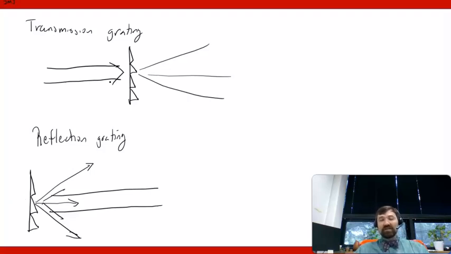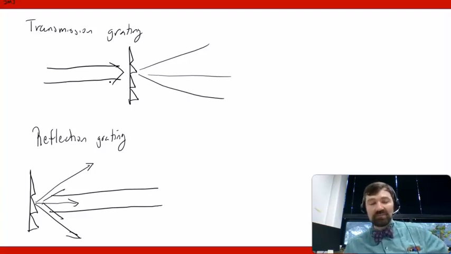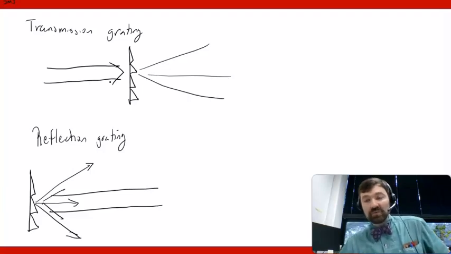And that's your n equals 0. And then your other orders are spread out about it. And you usually do it that way if you want to build a pulse compressor for a high power laser system. Typically it uses diffraction gratings in reflection rather than transmission, because they're less likely to be damaged and less likely to distort the beam by basically passing through.